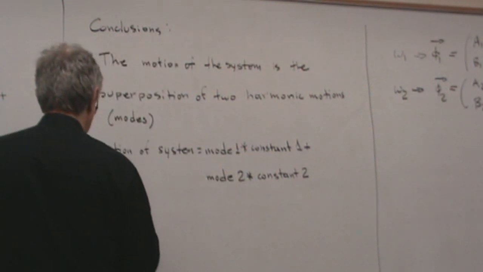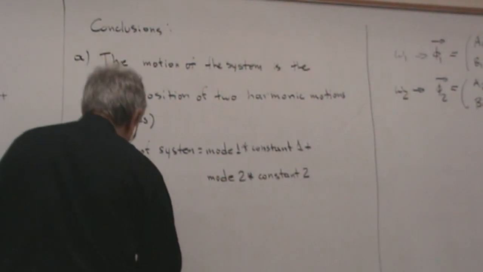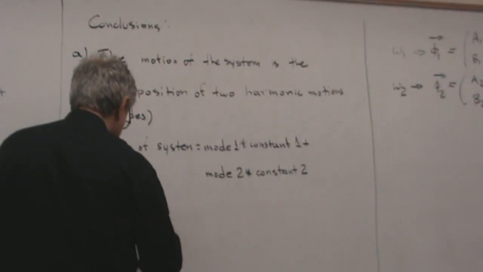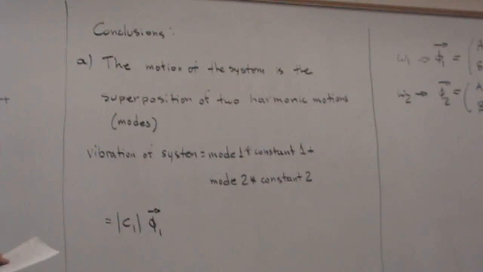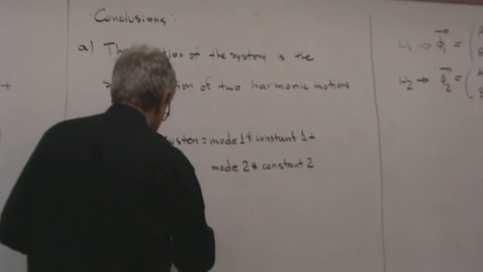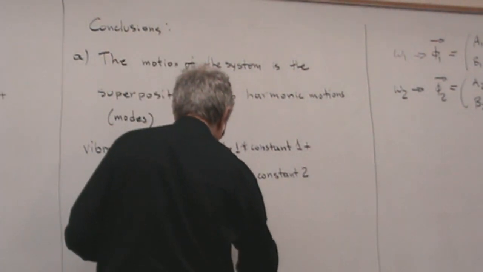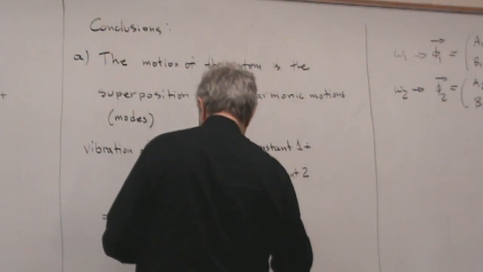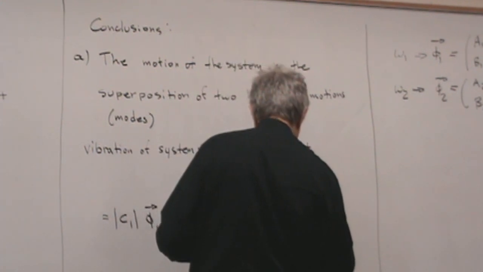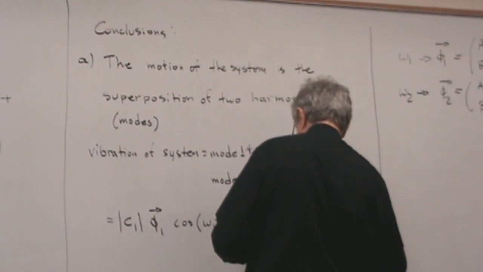And if you want to make it more mathematical, you have this expression: the magnitude of this complex number C1 times the vector whose elements are the displacements of the 2 masses for the first pattern or mode, times cosine of omega 1 t minus phase angle psi 1, plus C2 times the second mode times cosine of omega 2 t minus psi 2.